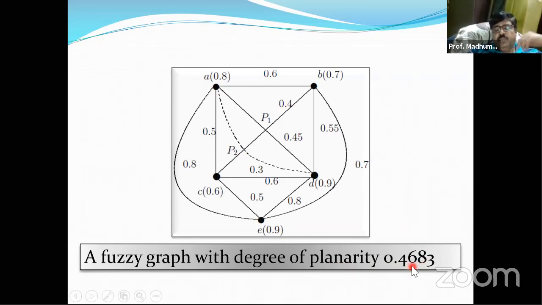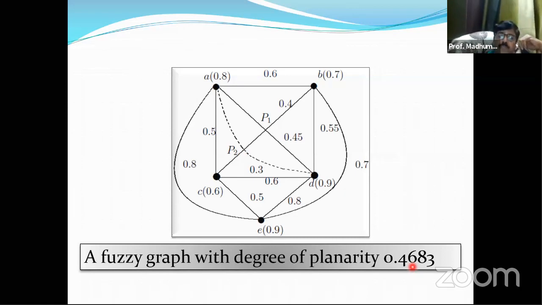0.4683 is less than 0.5, so it goes toward non-planarity. If the degree of planarity goes to zero, then the non-planarity is high. If it goes to 1, then the planarity is high. That means it goes to the planar graph. So this is the concept.